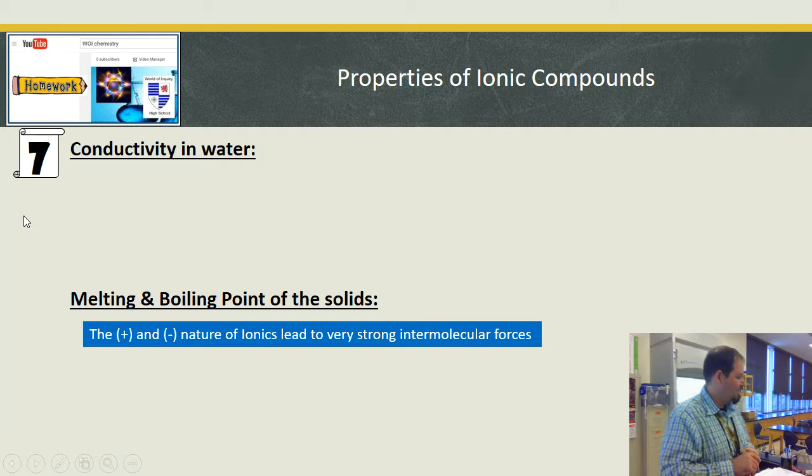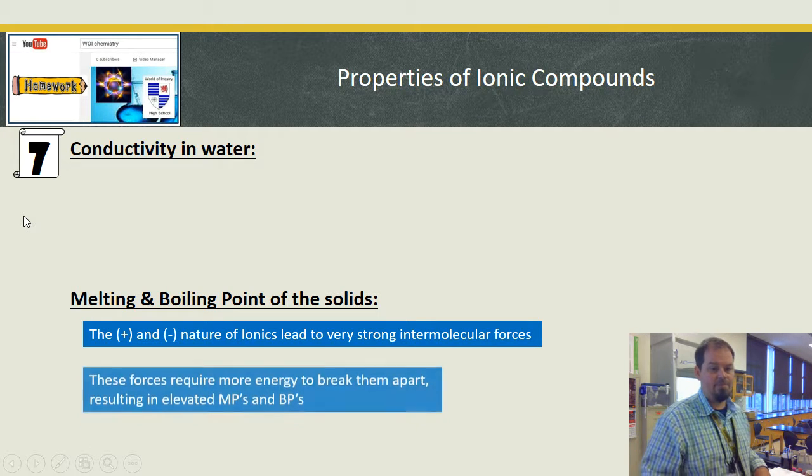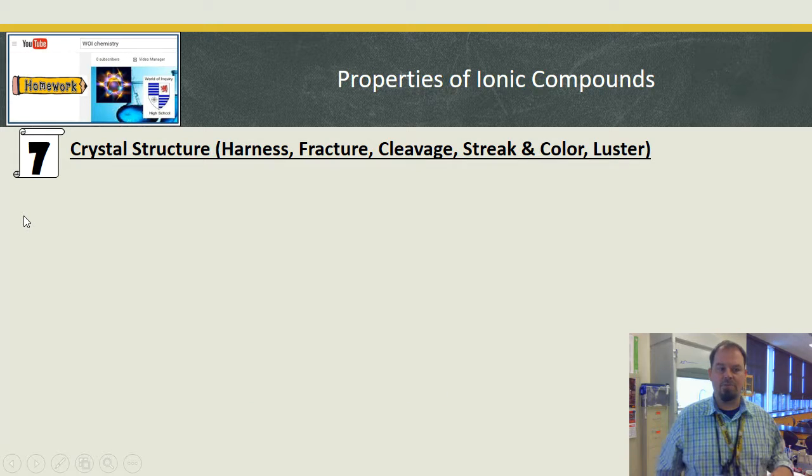The Nas are going to be surrounded on all 6 sides by a negative Cl, and it's going to lead to this very, very high melting and boiling point. Therefore, I need more energy to break them apart, hence higher melting point, higher boiling point, higher temperature, for me to get those things to happen.